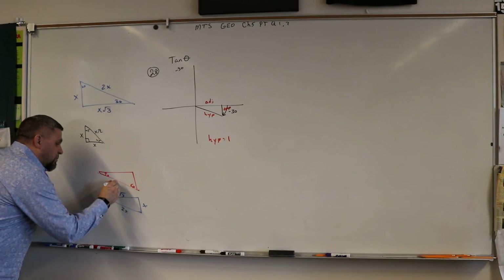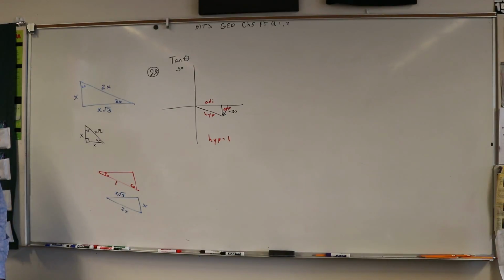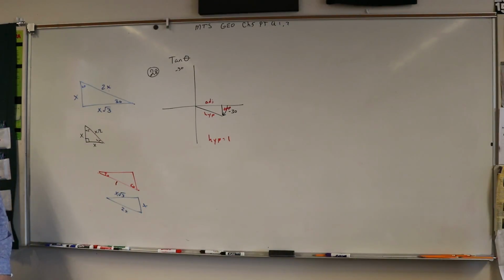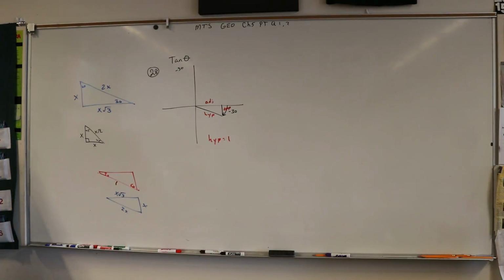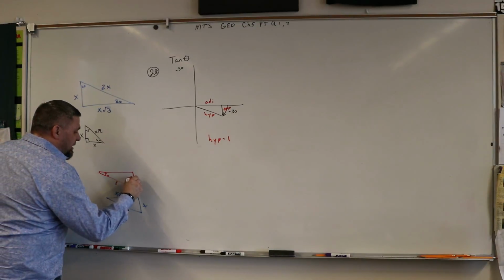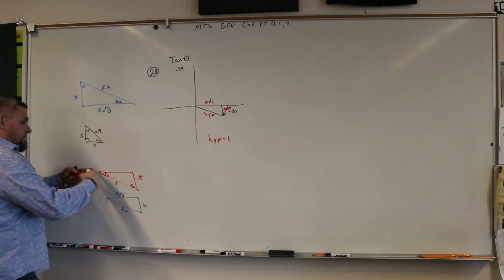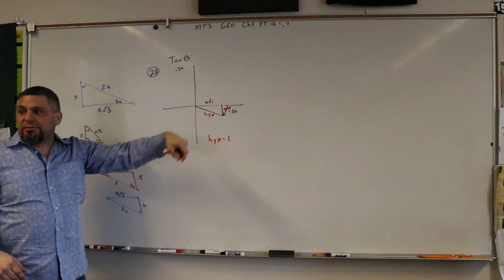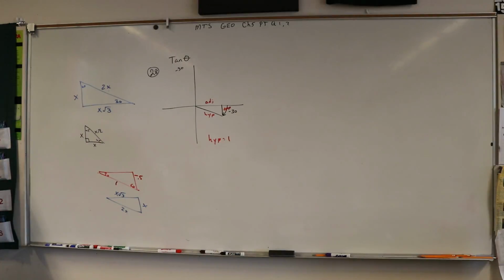Now I know this is 1, right? What I need to know is what's this and this. Well, this is always half of the hypotenuse, right? So this is going to be 0.5. And so this length, because it's going down, it's going to be negative 0.5. Okay?